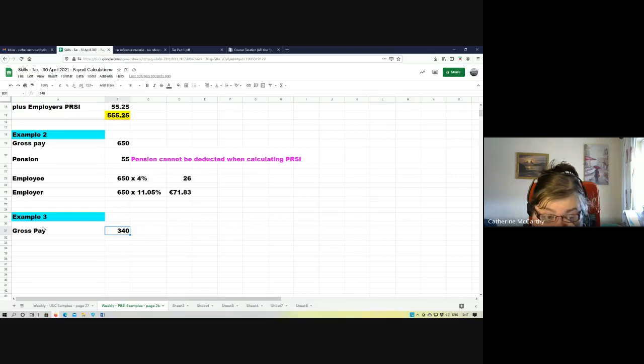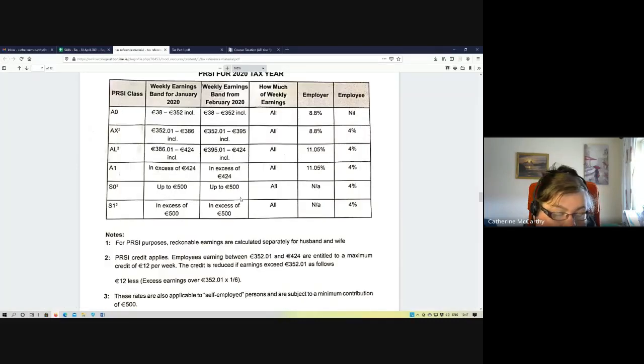The only thing we have to watch out for with the weekly one is the PRSI credit. Other than that, they're exactly the same, whether you're on weekly or monthly pay. So what PRSI class are you on if you're on €340 a week? Nil, exactly. So we're on the AO PRSI class, so the employee will actually have no PRSI. And the employer will still pay at 8.8%.